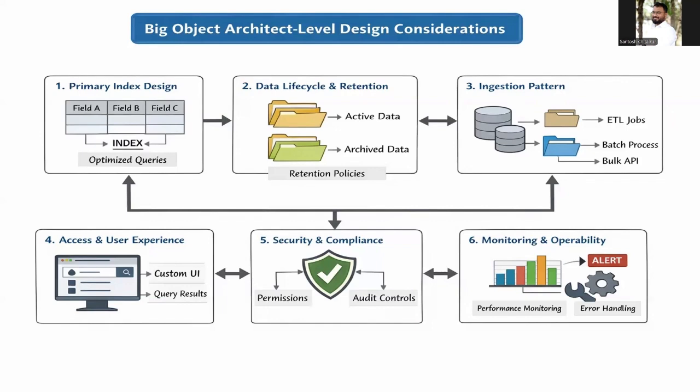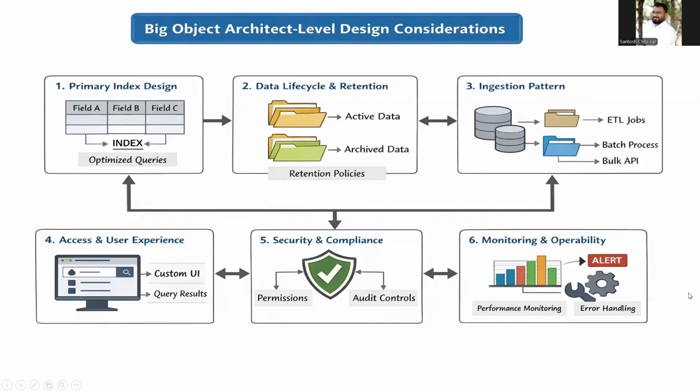Third one, ingestion pattern. How will data enter the big object? Common ingestion patterns: scheduled batch jobs, integration pipeline from external systems, bulk API loads for historical migration. Architect decision: choose the approach based on volume, frequency, and failure handling. The fourth one is access and user experience, security and compliance.